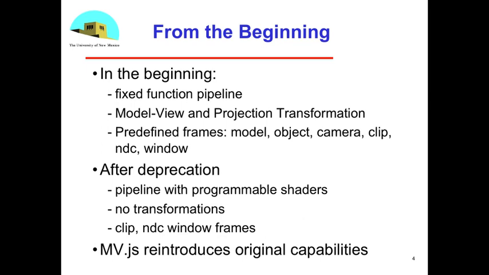Okay, so going back to the original days of OpenGL, when we had just the fixed function pipeline, it defined a sequence of frames that were built into the system. You started with the model frame, and then you took models into an object frame. Often they were the same. Then you went from the object frame to what the camera saw, that was camera coordinates.